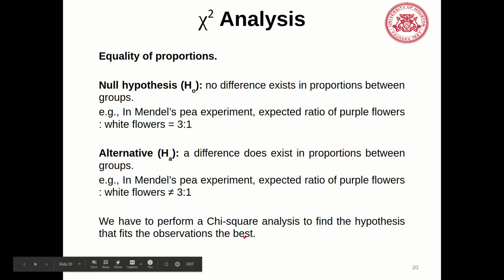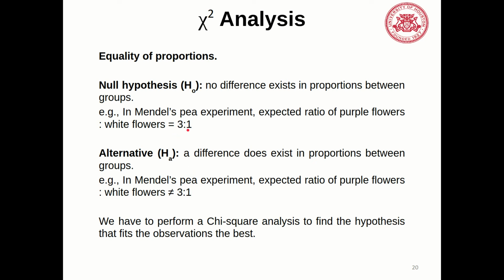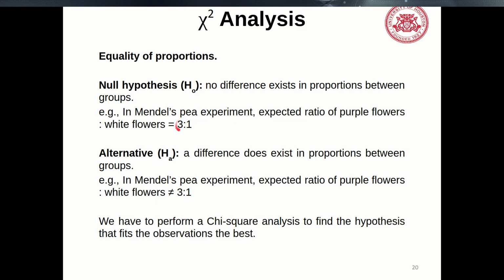That's what chi-square does for you. Chi-square says that 2.9 to 1.1 is okay, but 2.5 to 1.5, no, that's too big of a difference. That's not close enough to 3 to 1 for me to accept that we have the right model.